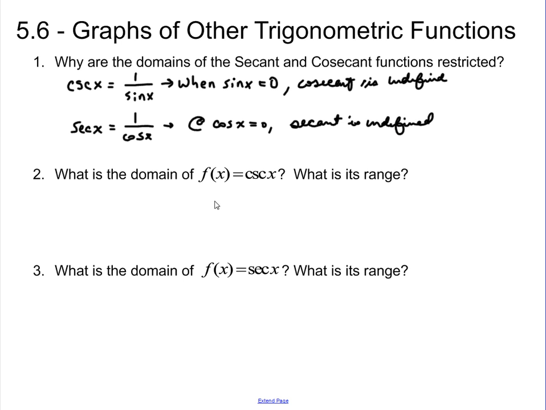All right, so this is going to help us determine something about the domains and ranges of these cosecant and secant functions. So if I have a function like f of x equals cosecant of x, what is its domain? The cosecant of x is undefined whenever sine of x is equal to 0. So let's take a look at sine of x.